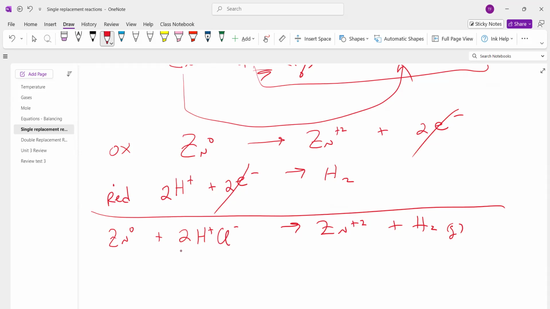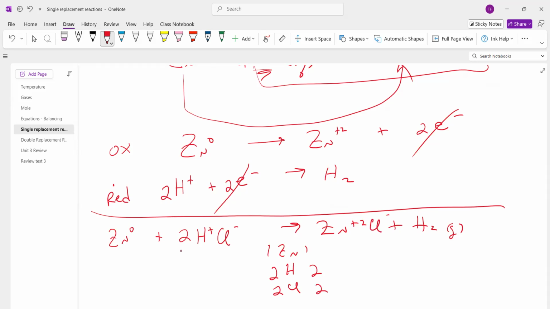So how many zincs left and right? 1 and 1. 2 H's, 2 H's, 2 Cl's. So what do we need to put on the right? 2 Cl's.